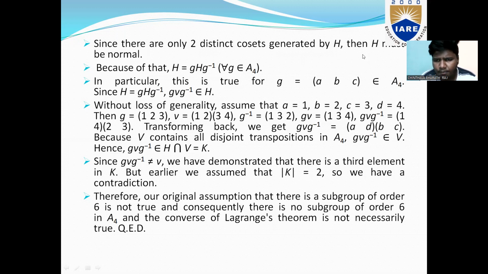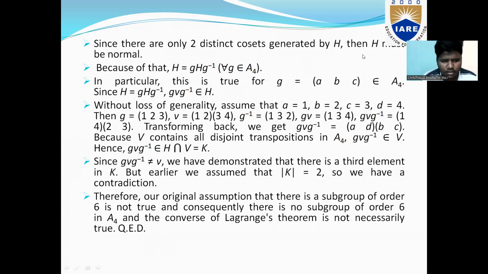Then gvg inverse belongs to V. Hence, gvg inverse belongs to H intersection V equal to K. Since gvg inverse is not equal to v, we have demonstrated that there is a third element in K. But earlier, we assumed that the order of K equals 2.